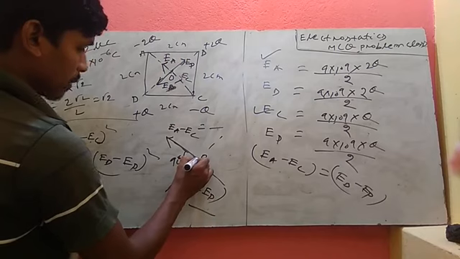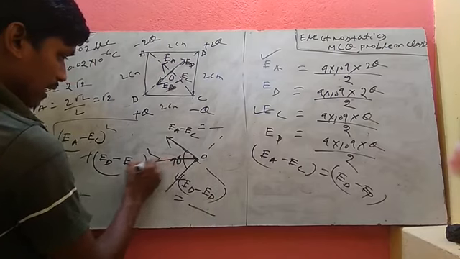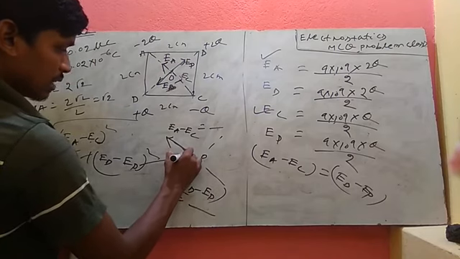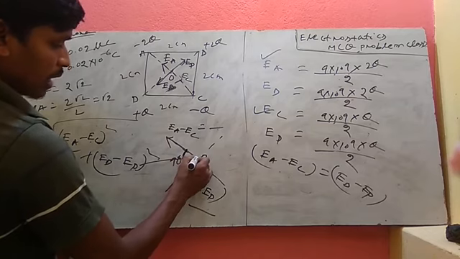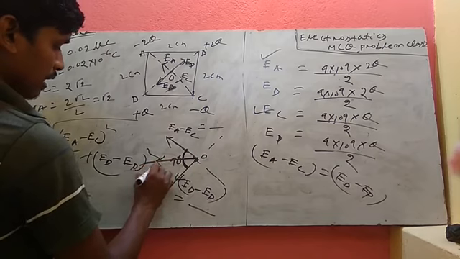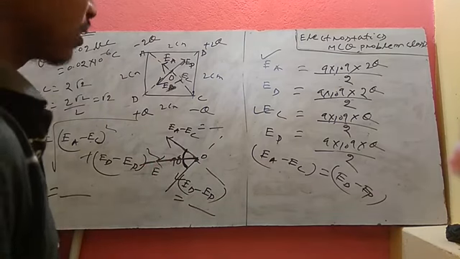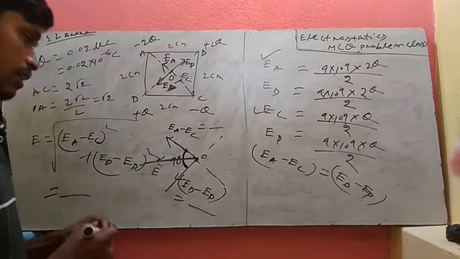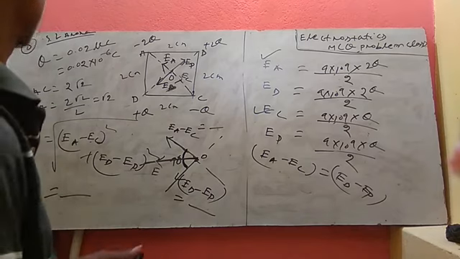That means the net electric field perfectly divides this angle, 45 degrees and 45 degrees. So the net resultant field is in the leftward direction. That is the net electric field. This is the answer to your doubt question.